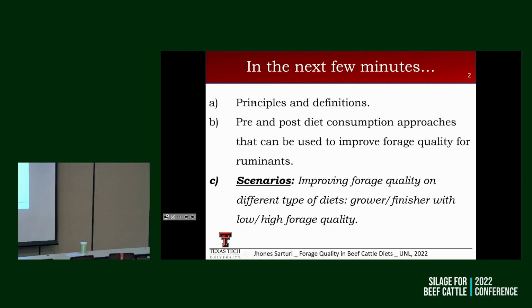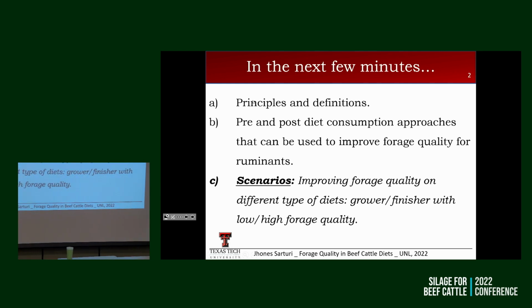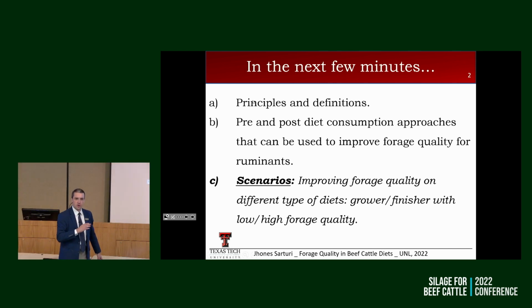But to improve that forage quality, just some ideas on things that our research team has published. So I'll talk about some of our work, because then I don't need too many slides. I can tell you a nice story. So, things that our lab has published.